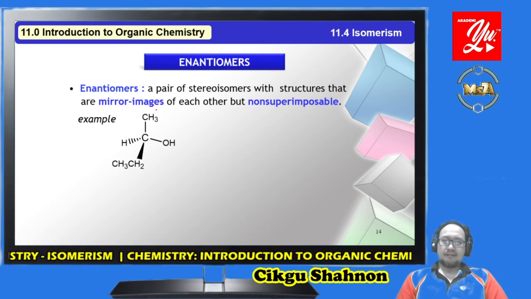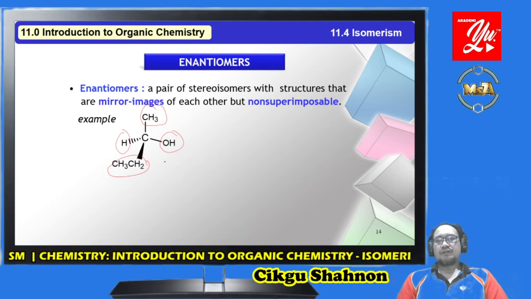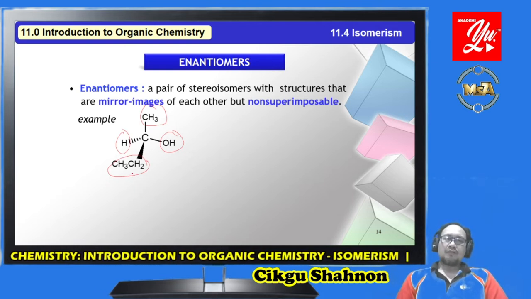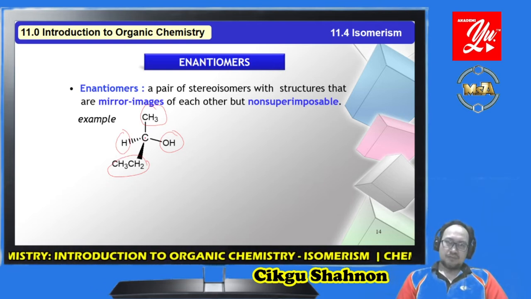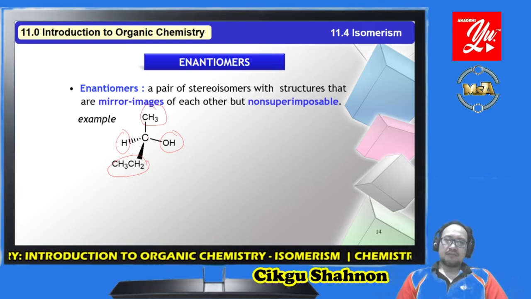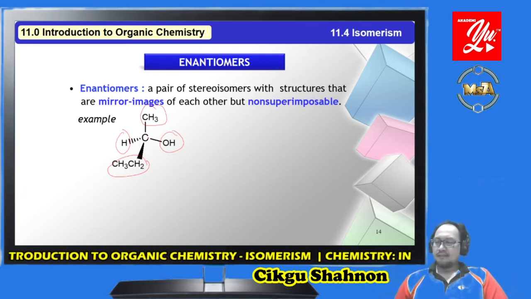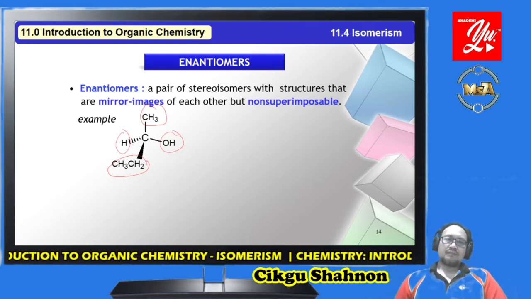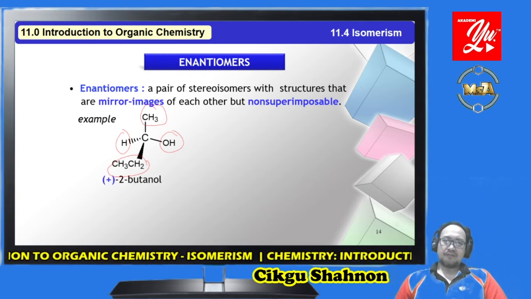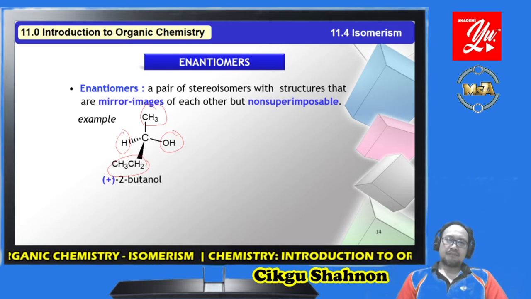Four different groups: this one is CH3, this one is H, OH, and CH2CH3, each attached to this carbon. So this is the first requirement, and the second requirement is mirror image. We call it 2-butanol, and here we have a plus. Plus means it will rotate plane polarized light clockwise.